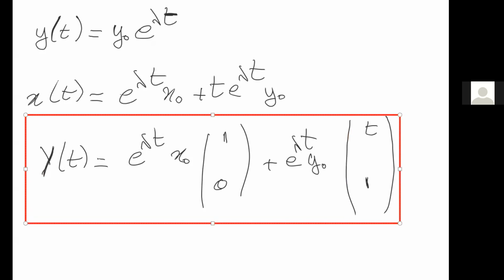So I'm going to do other things. One of the things I'm going to look at is what the solution looks like in the neighborhood of 0.